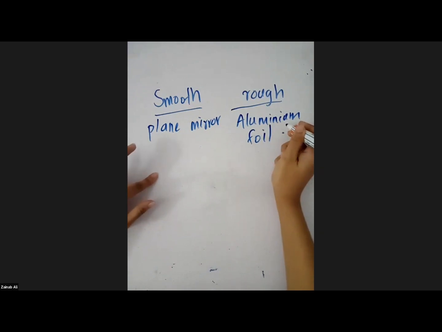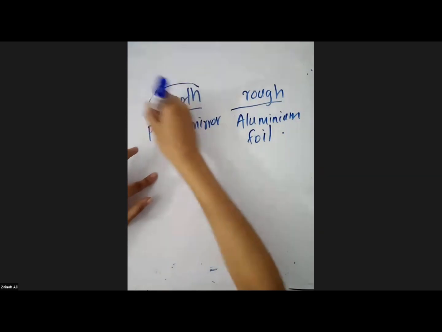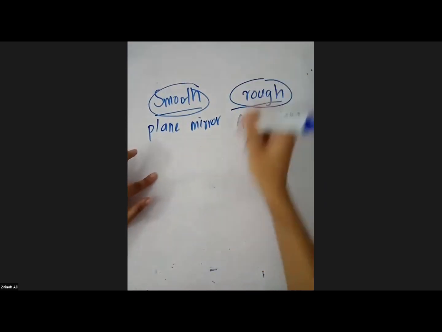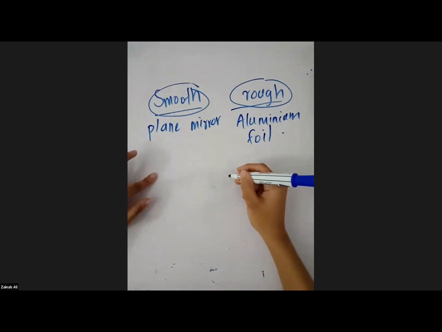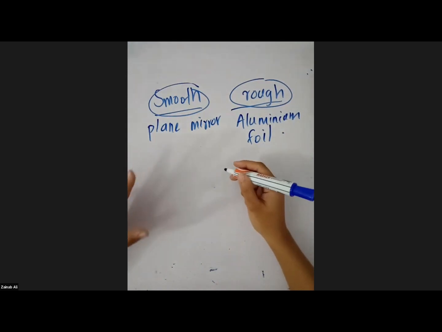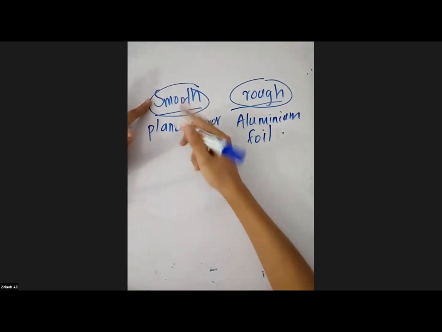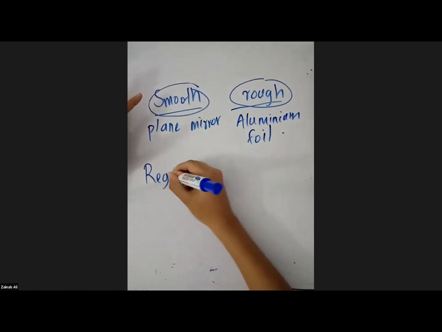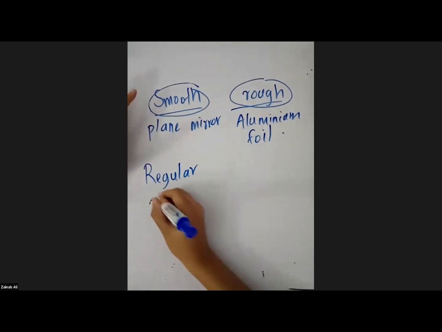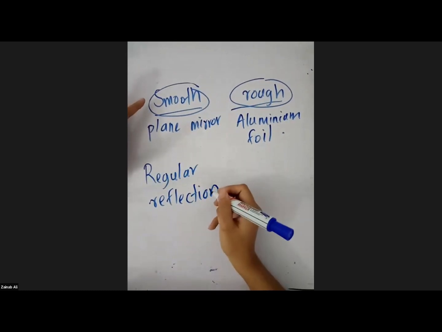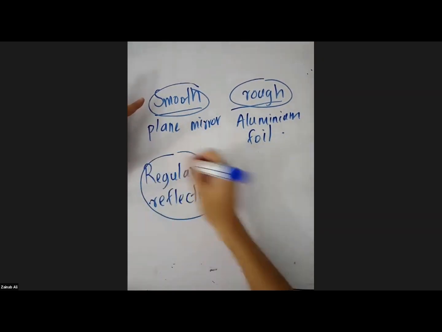Okay, so I told you reflection can occur in a smooth surface as well as in a rough surface. The reflection that occurs in a smooth surface, you name it regular reflection.